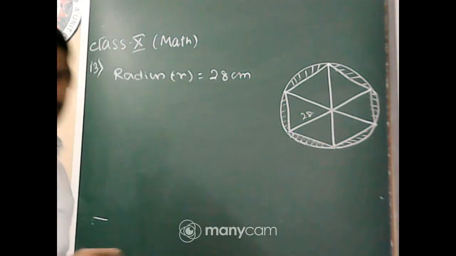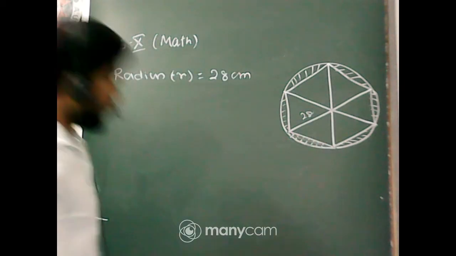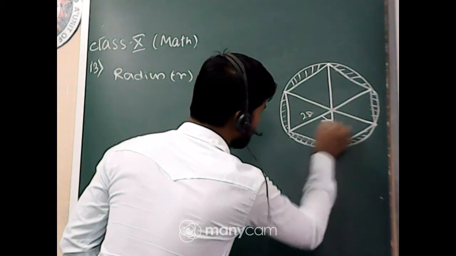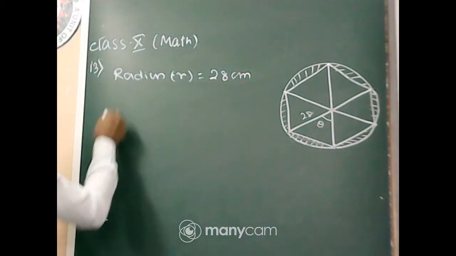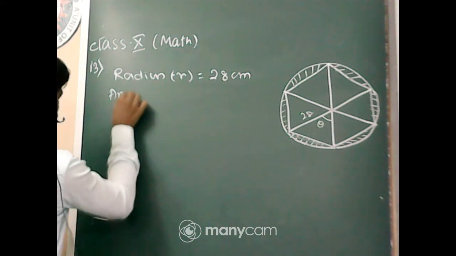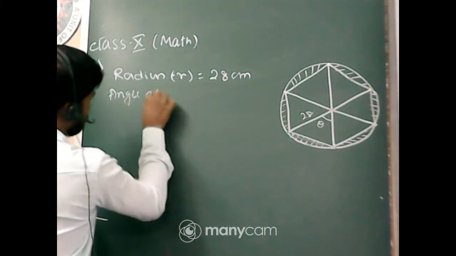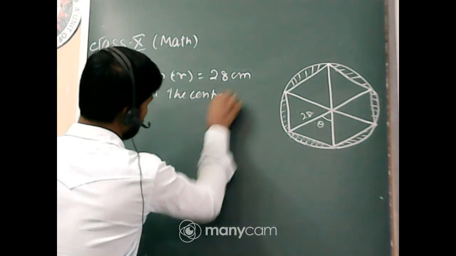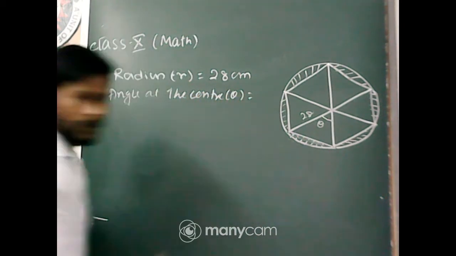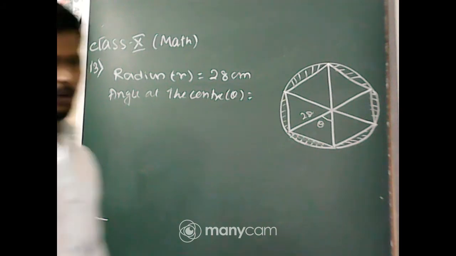One question is for you. What will be the measurement of this central angle? What is the measurement of the angle at the center? This is 60 degree. Why 60 degree?